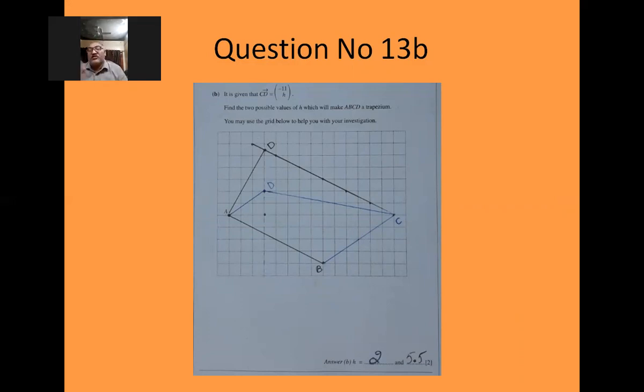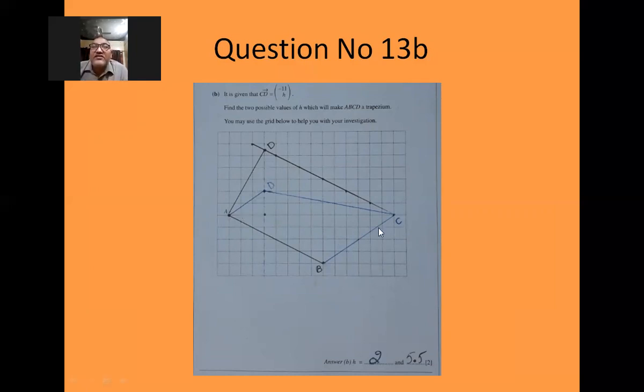First of all, I suppose that D will be on this line here. You can see this makes AD and BC look exactly parallel to each other. The second thing is that D can be here.